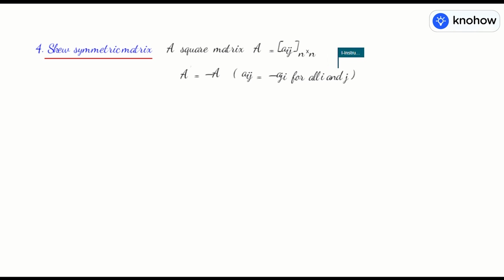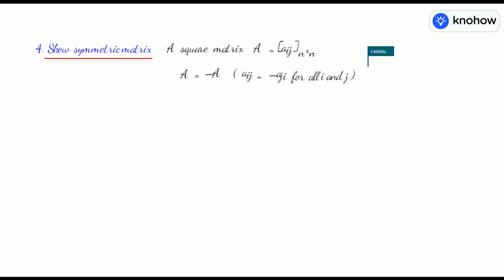So a square matrix A, let us define A as Aij, of order n by n, so it is a square matrix, is said to be skew symmetric if A dash equals negative A. Or in other words, if Aij equals negative Aji for all i and j.